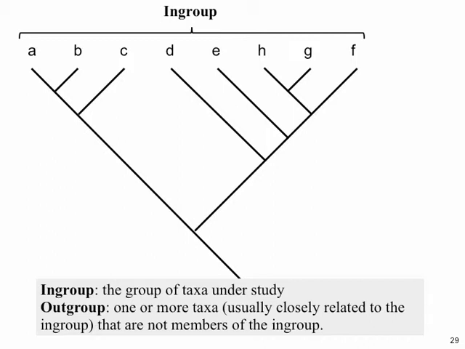And the out-group, relative to the in-group, can be one or more organisms that you know separated out in evolutionary history prior to the existence of the common ancestor of the in-group. That is, they are not members of the in-group in a cladistic, monophyletic clade sense.